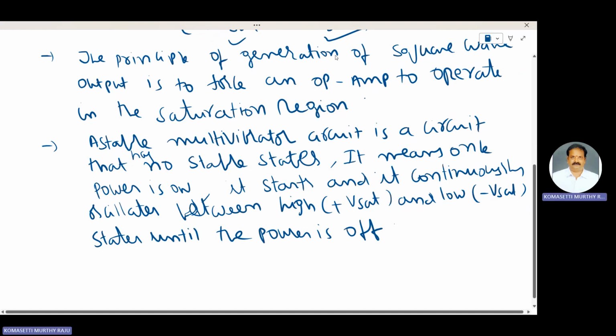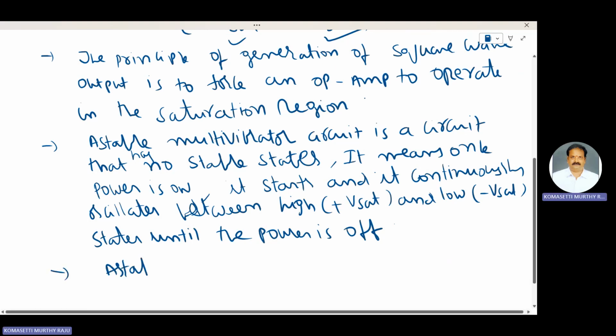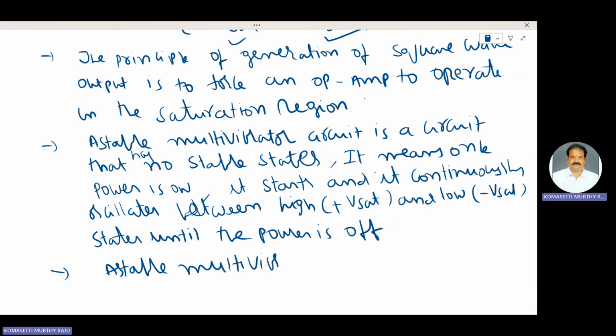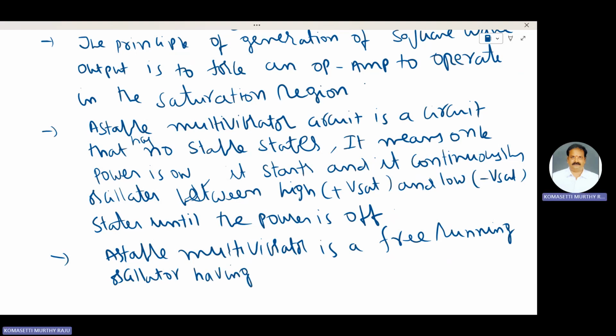An astable multivibrator is a free-running oscillator having two quasi-stable states.